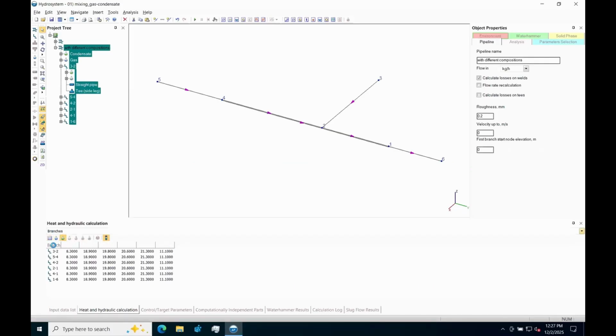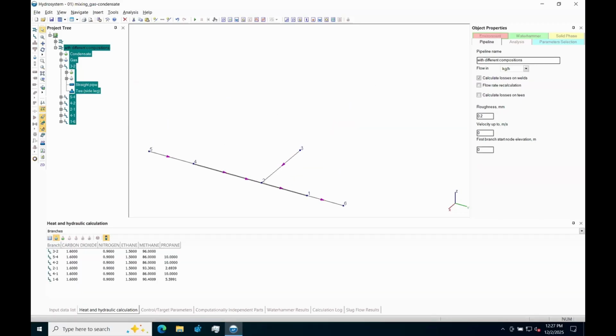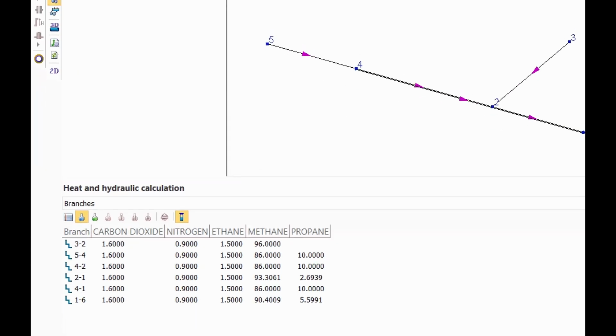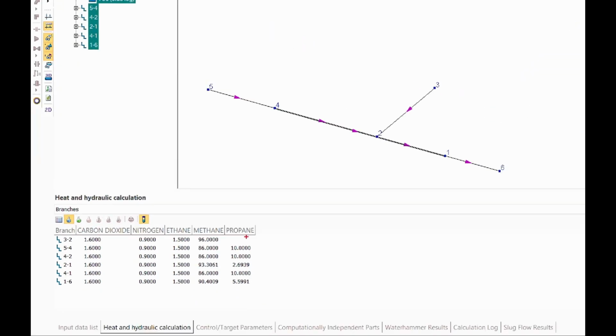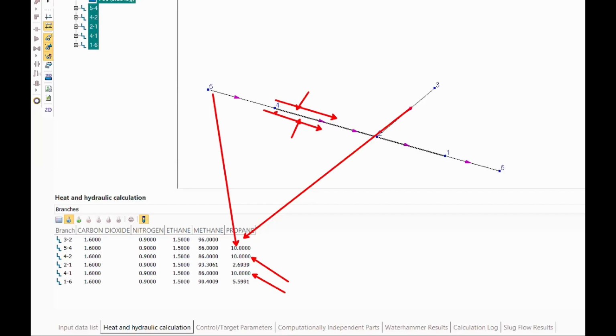So the liquid composition everywhere is the same for each branch, and the gas composition, let's look at it more closely. So we can see here that over here we have 0 propane, over here we have 10% propane. Then in these two branches, 4.1 and 4.2, I have the same composition, same content of propane, so the fluid flow composition is not changed in here.